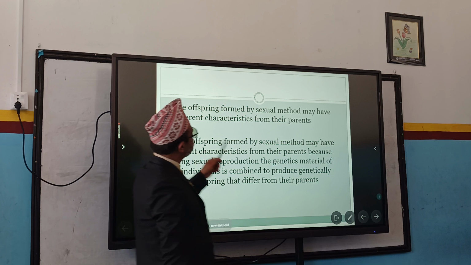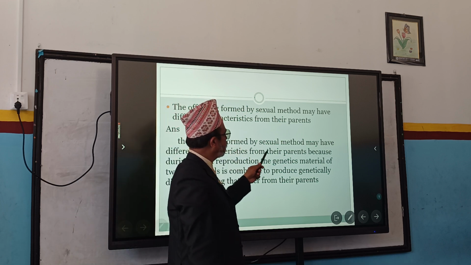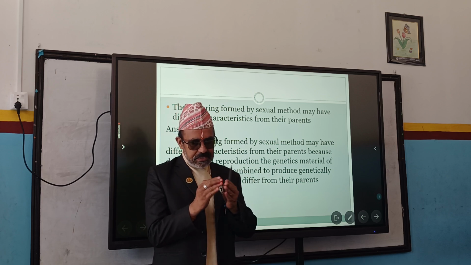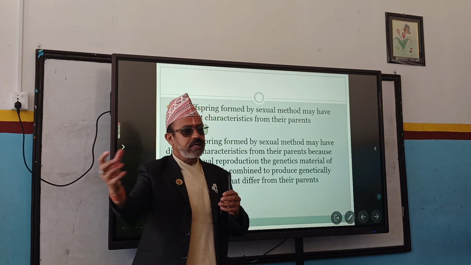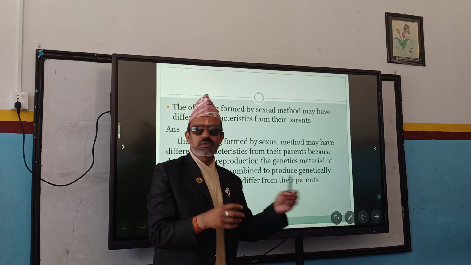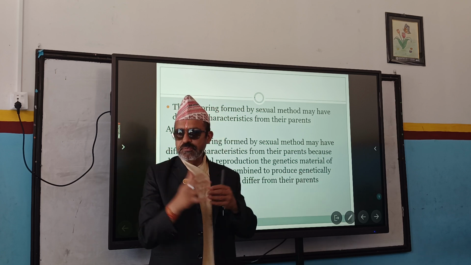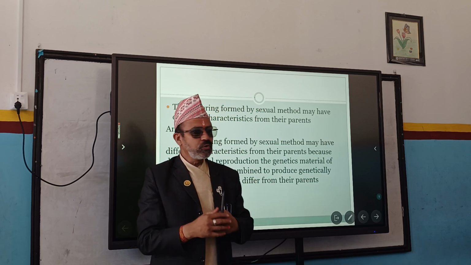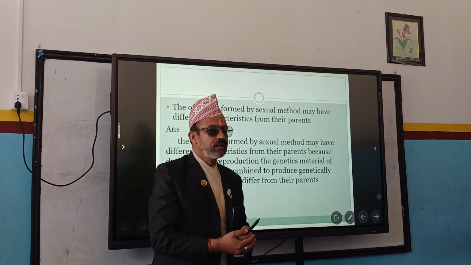Offspring formed by a sexual method may have different characteristics from their parents. Why? Because in sexual reproduction, some characteristics come from father, some characteristics come from mother, from different sex organs. Like how are we produced? We are produced by sexual method or asexual method? Sexual method.